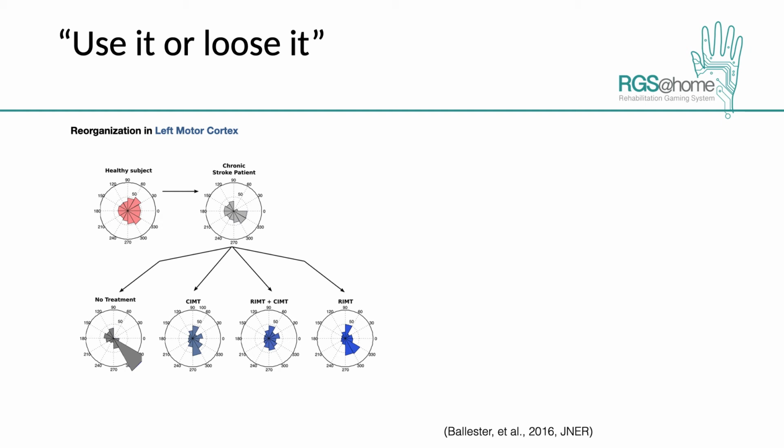So here we extend the two therapies to three by introducing one more therapy that combines constraint-induced movement therapy and reinforcement-induced movement therapy. This means that in 70% of the trials, we are reinforcing the use of the affected arm by manipulating the error, and in 30% of the trials, we are forcing the use of the affected arm.